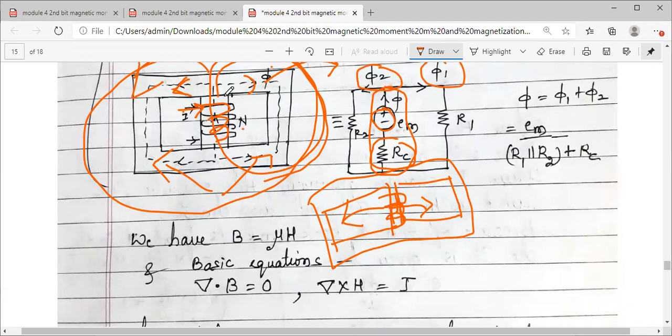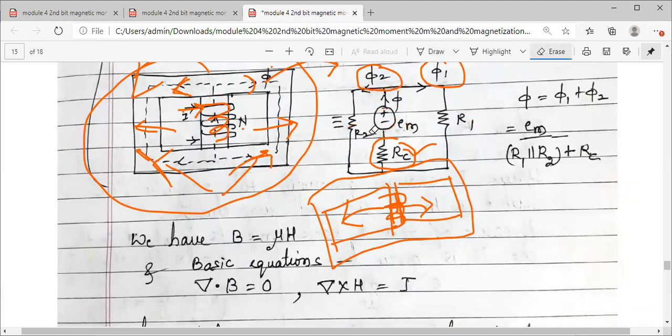And because the flux values are different in both, the oppositions offered by this part and this part are different. So that I have taken as R1 and R2. You can take any notation. So apart from RC, that is core reluctance, opposition offered by the core, opposition offered by the electromagnet, there exist two more oppositions offered by this left side and the right side. So that is R1 and R2.